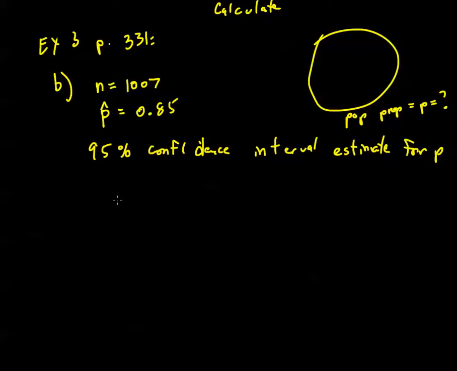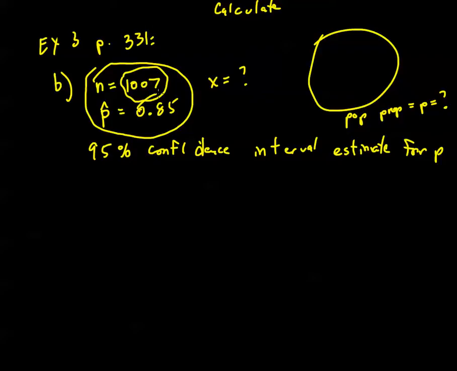Well, if we go to the onePropZint command, the first thing we'll need is a raw count of people in the sample that recognize Twitter, and we don't have a raw count, right? So we'll need an X value. If you've got a sample of 1,007 people and 85% of them recognize Twitter, I don't think it's too much to expect that we can find the raw count by multiplying 1,007 by 0.85, right?